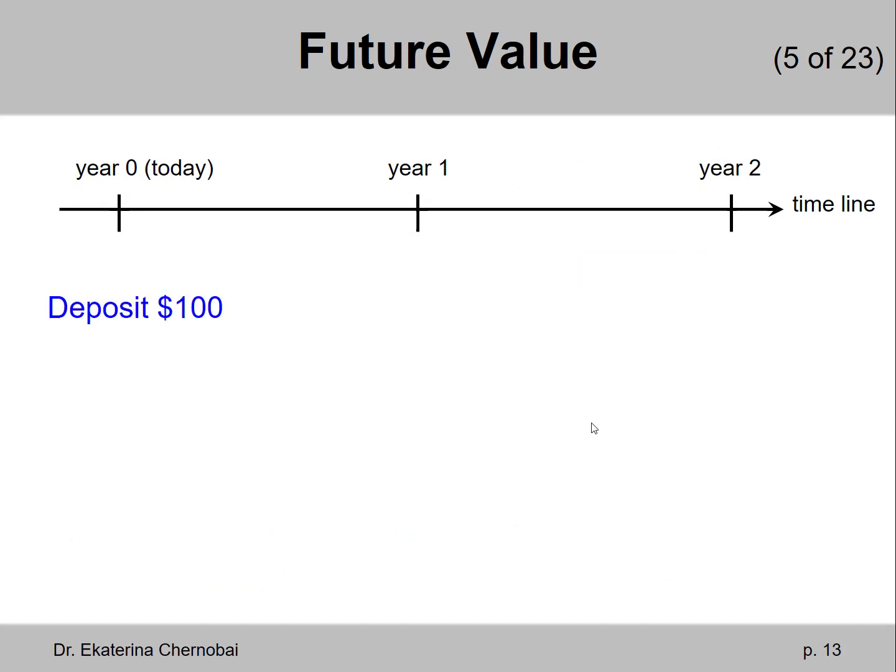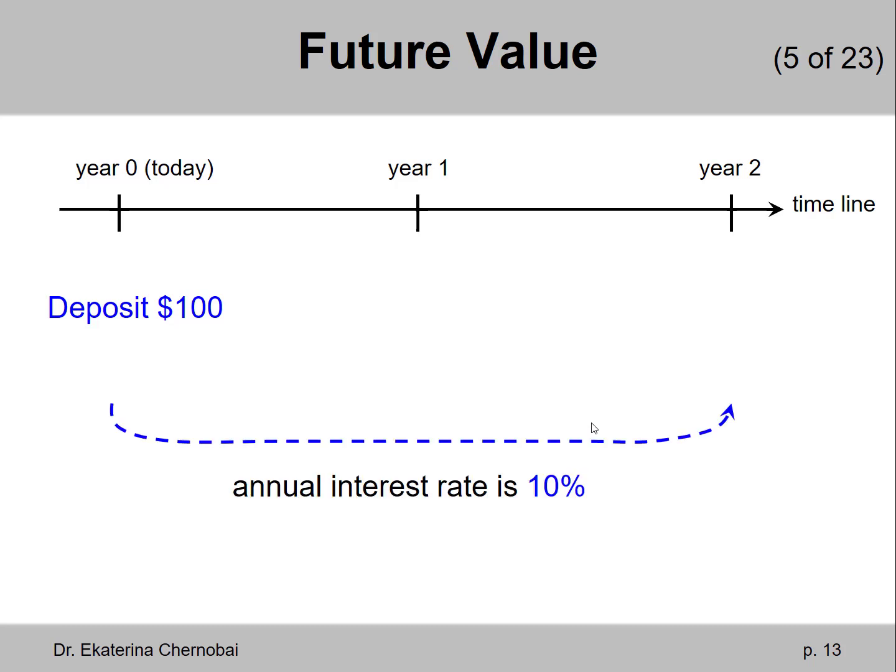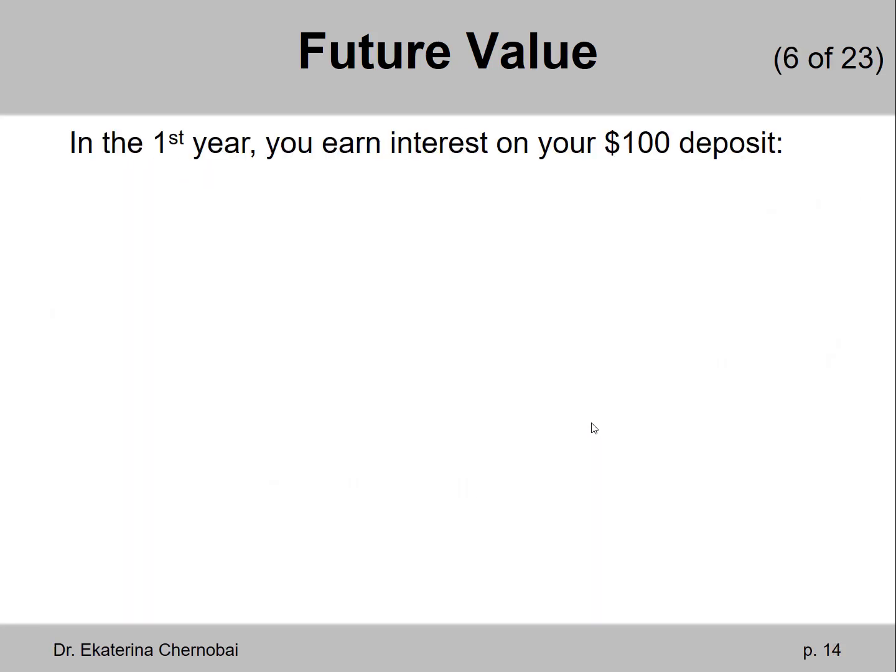And again, you can imagine a timeline where year 0 is today. We deposit $100, we wait 2 years, we earn a 10% annual interest rate on our deposit, and we are asked to find the future value in 2 years. So let's start calculating. During the first year, you earn interest on your $100 deposit.